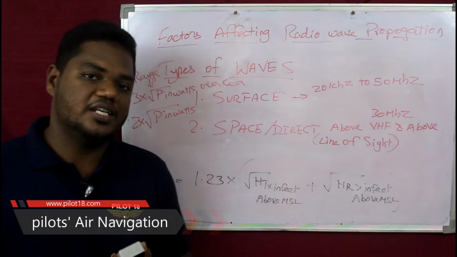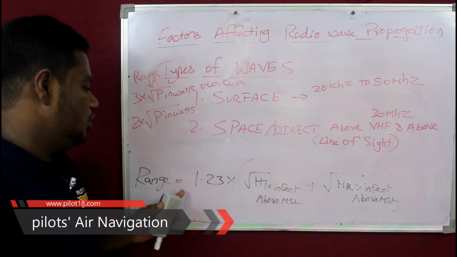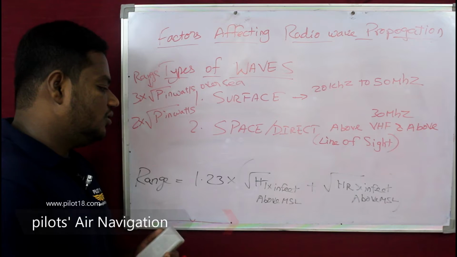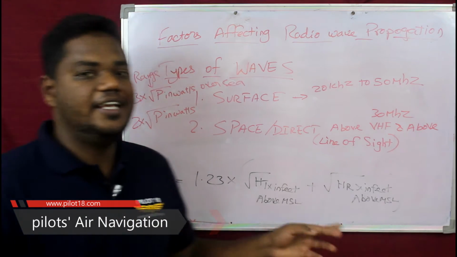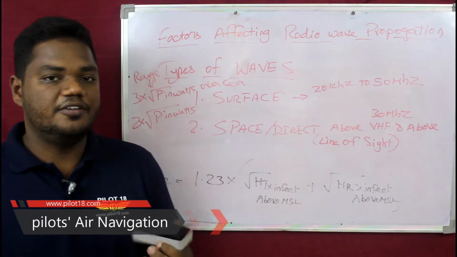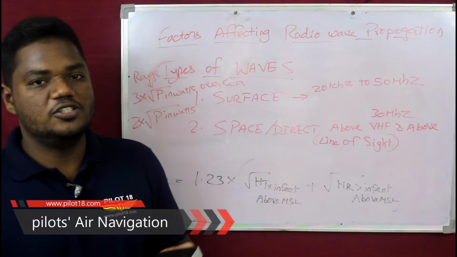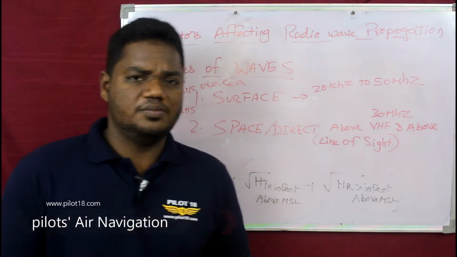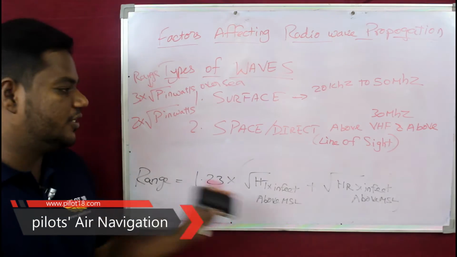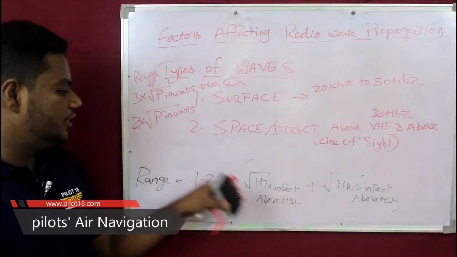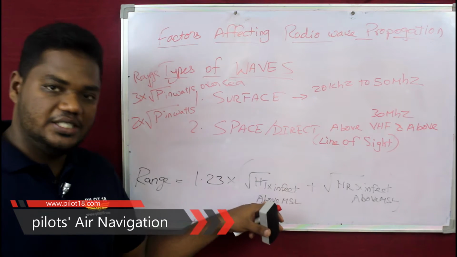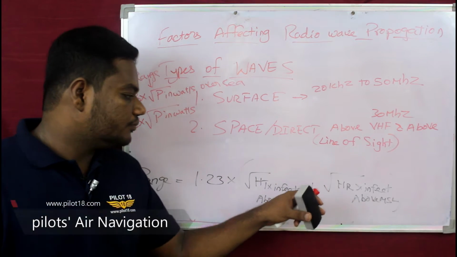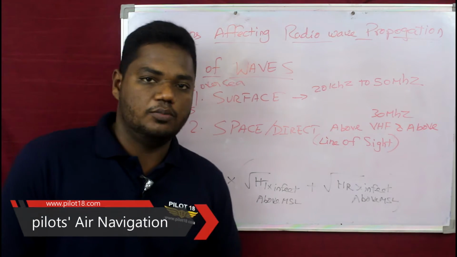In the question they will ask something like: the height of the transmitter is 1000 feet above mean sea level and you are flying at 100 feet above mean sea level. So what is the range of the aircraft? It comes to approximately 90 miles when you calculate this. Okay, 1.23 into open bracket, square root of transmitter height in feet above mean sea level plus square root of receiver height in feet above mean sea level.